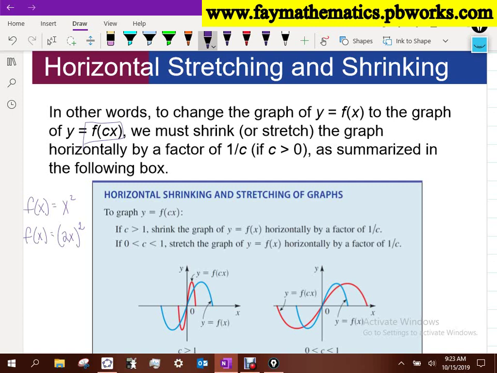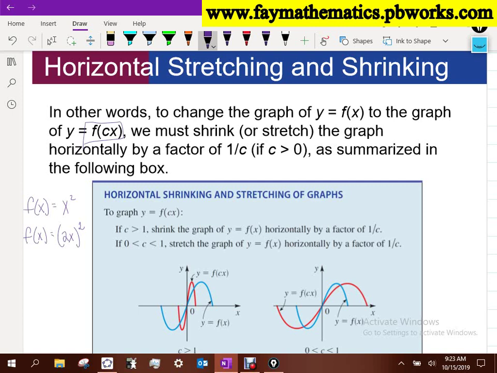Instead of just 1x squared. So my overall function is the power of 2 function, the quadratic function. But before I evaluate using that square, I take whatever independent variable I want, maybe x is 1, and I double it before I square it. If x is 2, I double it before I square it. If x is 3, I double it before I square it.